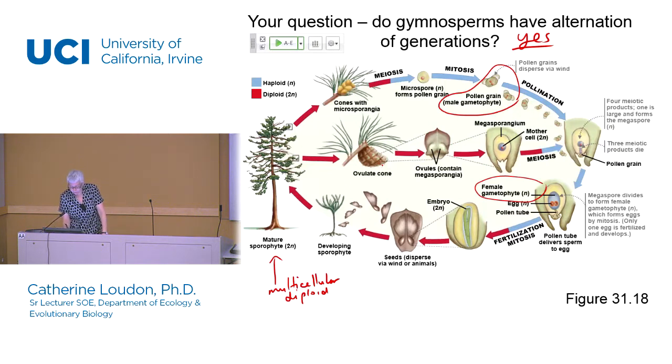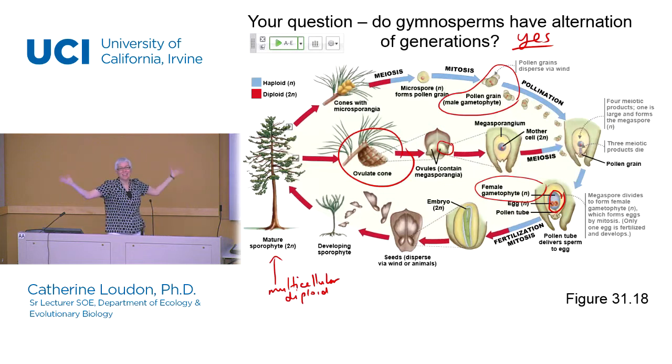So if we consider the female ovulate cone and look at it in greater magnification, you can see the female gametophyte is just this tiny group of cells here that develops from the megaspore, which is just part of the ovule within a single scale of a female cone. So it's a little tiny structure embedded in the female cone.